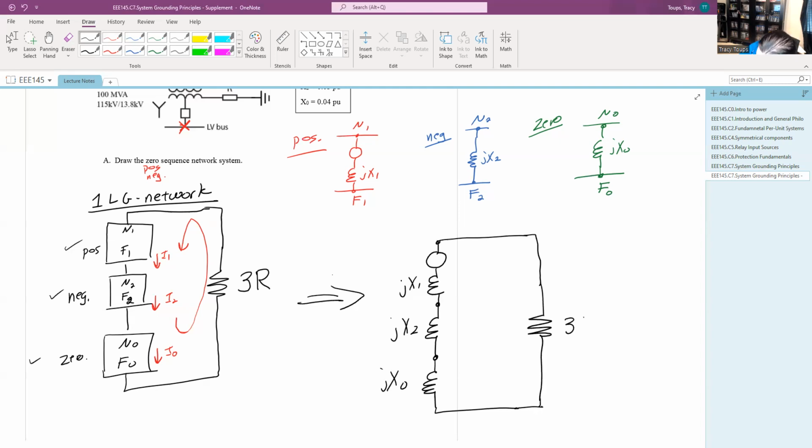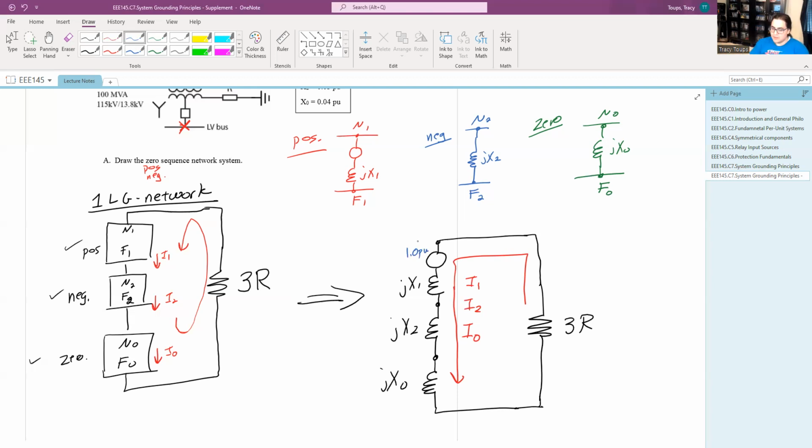It's going to be 3R. Because all the currents are in series, they're all going to flow this way, and this is I1, I2, I0. They're all equal to the same number because they're all in series. So this is a key trick right here. And typically we assume 1.0 per unit voltage before a fault.